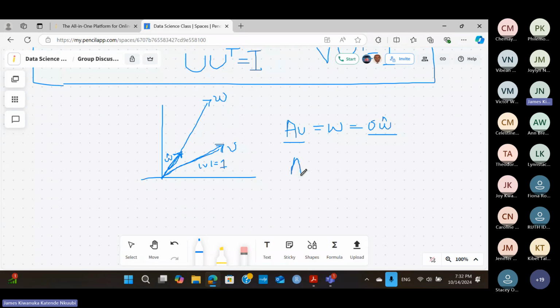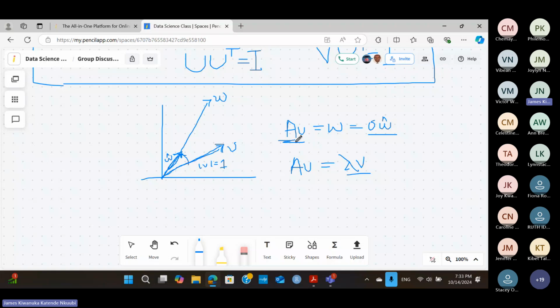Remember, the eigenvalues work like this: AV equals lambda V. Here, the only thing that happens is that the vector is stretched. It doesn't change direction, it goes in the same direction. This one does two things. It will take care of the rotation and also the stretching. So the matrix will rotate and stretch, and the stretch can either be increasing in length or reducing.